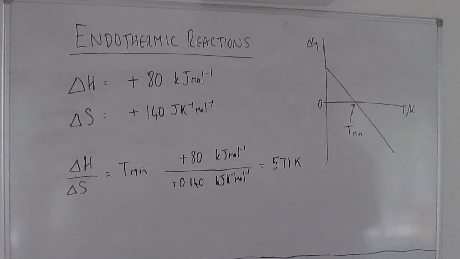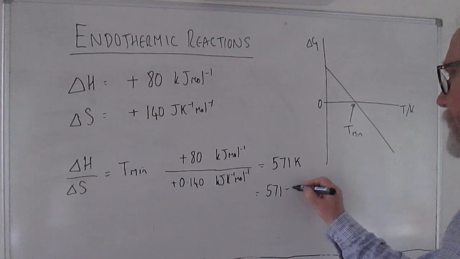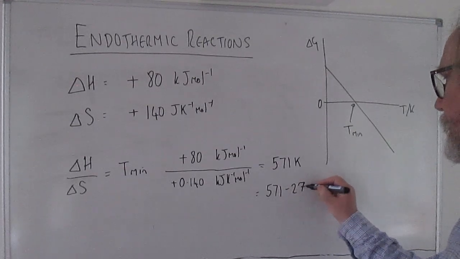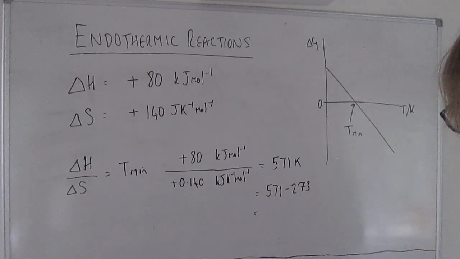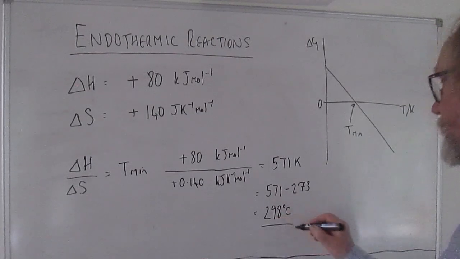And as you can imagine, what they're likely to do is ask you to put it in degrees C, just so that you have the extra step. So that's equal to 571 minus 273, which is 298 degrees C is T minimum.